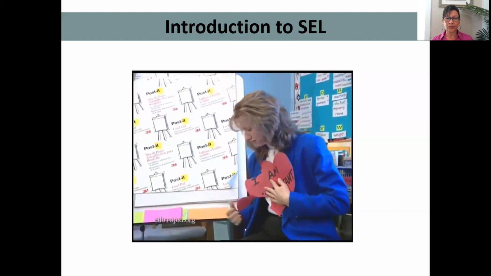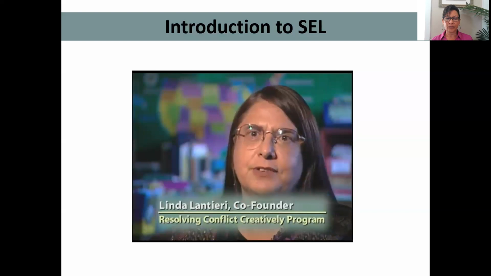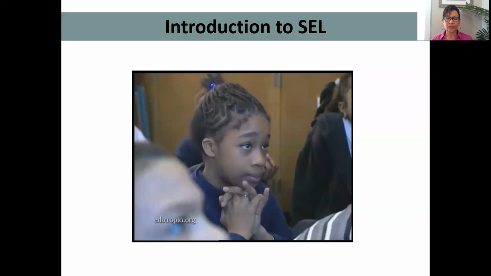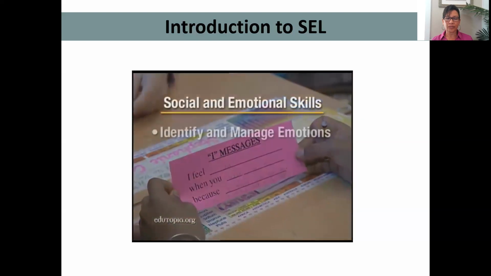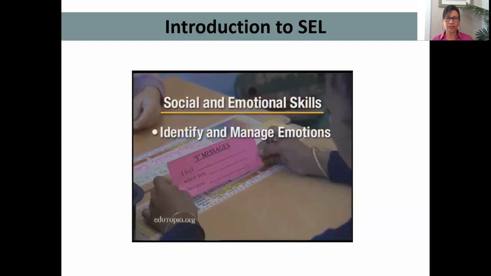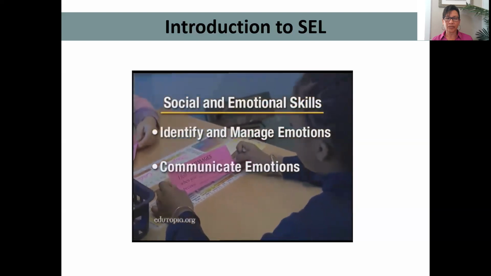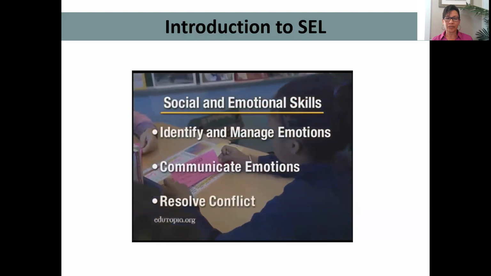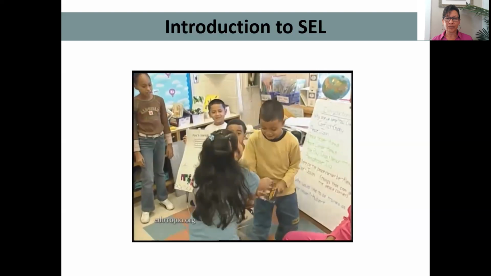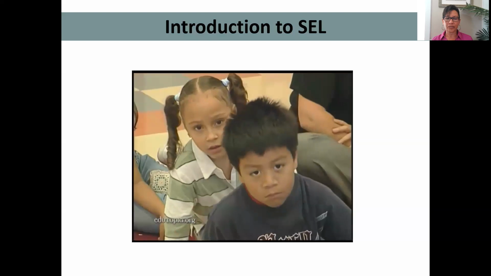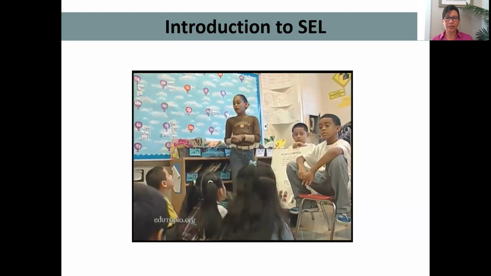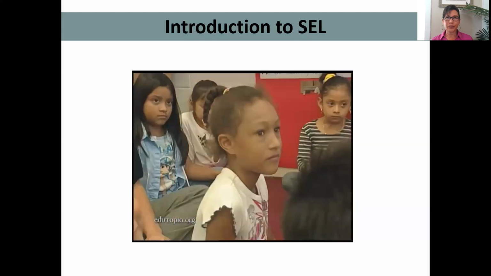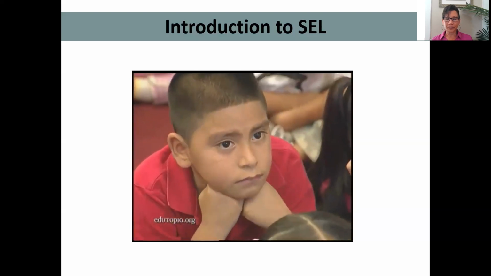We are talking about a whole new vision of education that says that educating the heart is as important as educating the mind. And so it's about equipping young people with the kinds of skills they need to both identify and manage their emotions, to communicate those emotions effectively, and to resolve conflict nonviolently. As part of a school-wide effort to create a positive environment, fourth graders at Brooklyn's PS 24 act as peace helpers, teaching younger students how to handle conflicts.